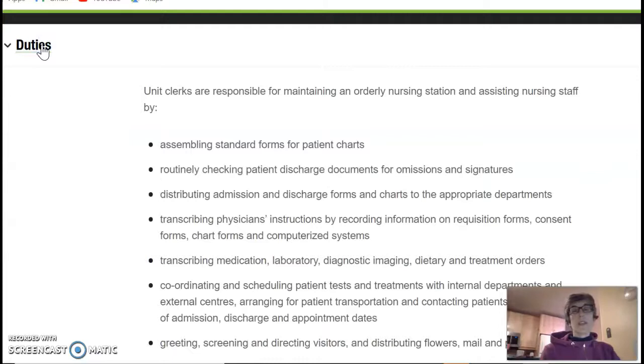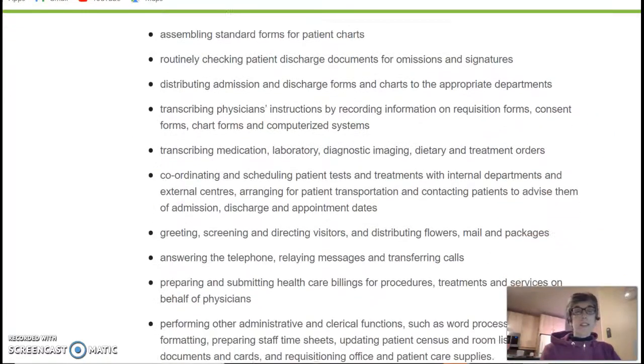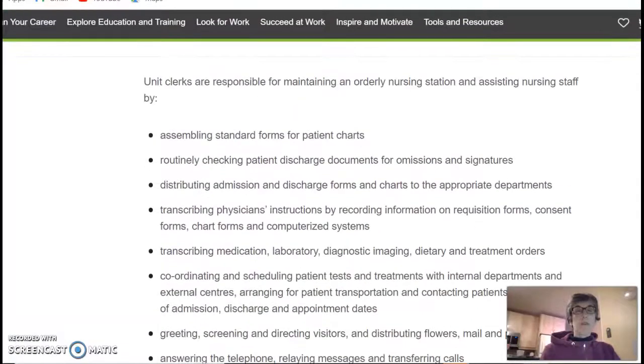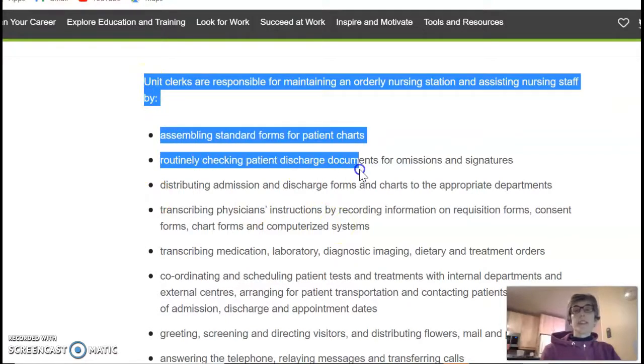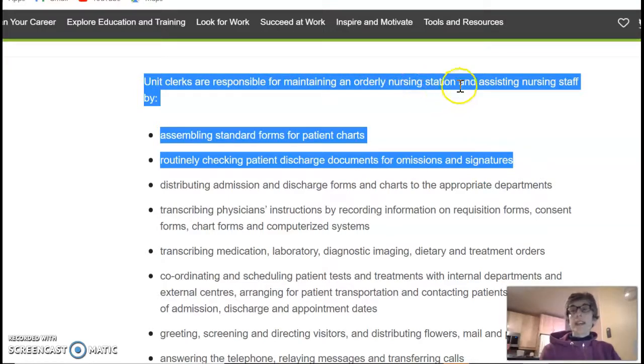Duties, what are the things we do? So there's a lot of duties here. You should read them all. This is reading practice. And let's read 2 of the duties here. So unit clerks are responsible for maintaining an orderly nursing station and assisting nursing staff by assembling standard forms for patient charts and routinely checking patient discharge documents.